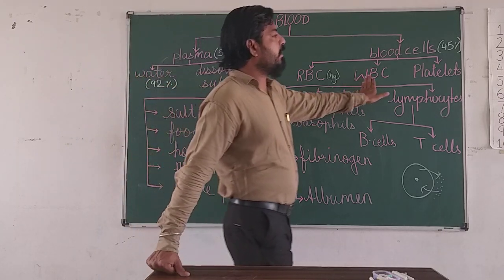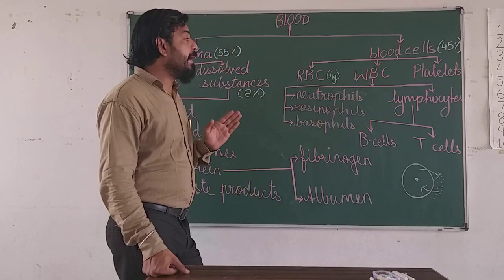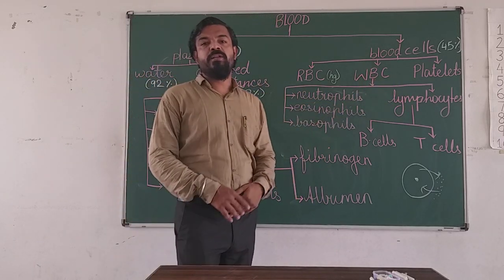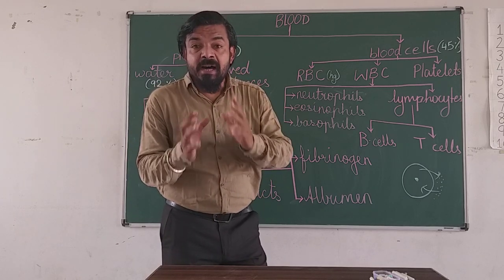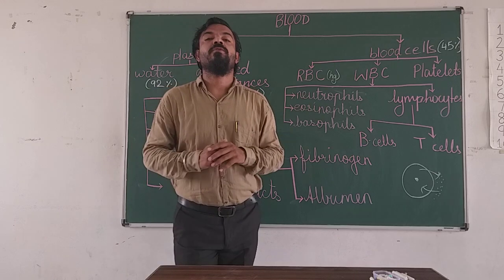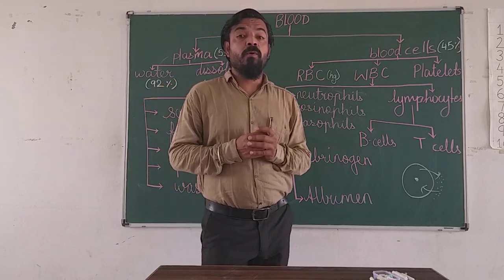Then we come to the WBC, the white blood cell. Dear students, the white blood cell is also known as the army of the body. Why is it the army of the body?